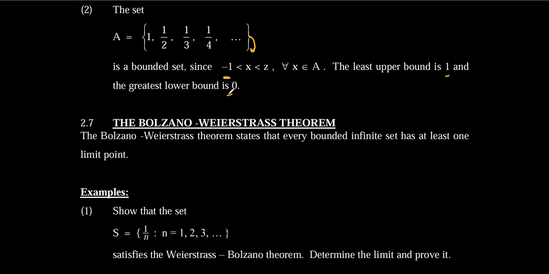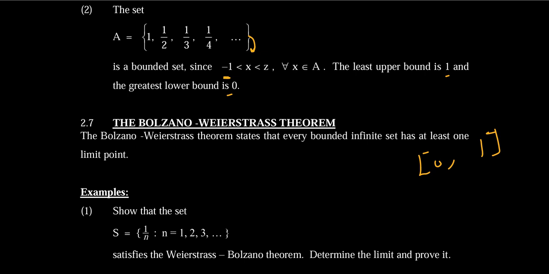If I have a set, and the set is infinite. Now I showed you that a set can be bounded and infinite. For example, the set between 0 and 1, even though it's bounded, is infinite, because you don't know the number of rational numbers between 0 and 1.